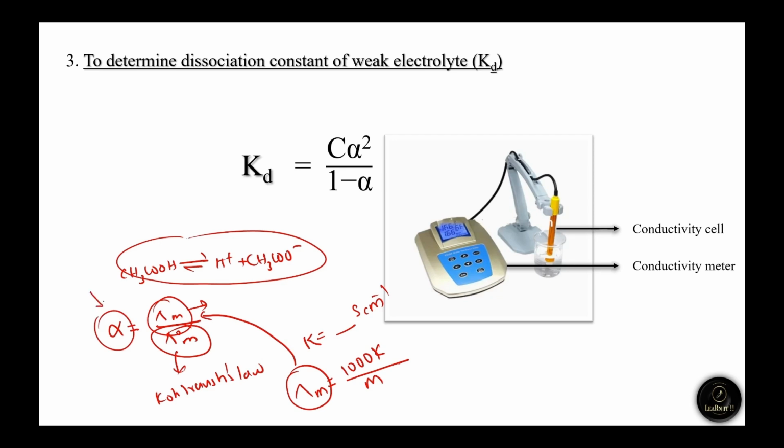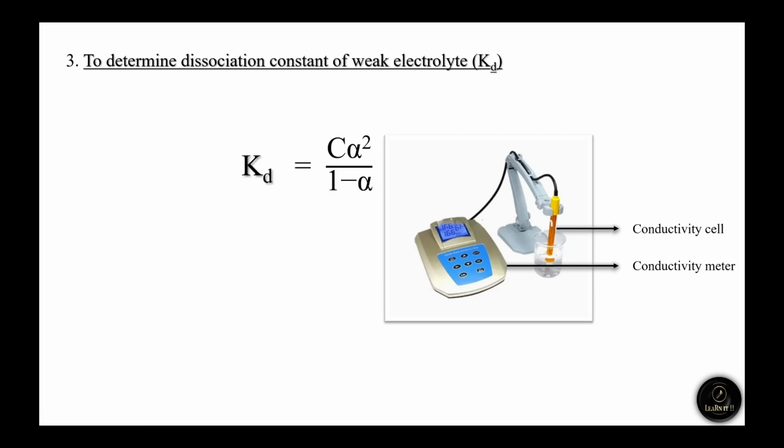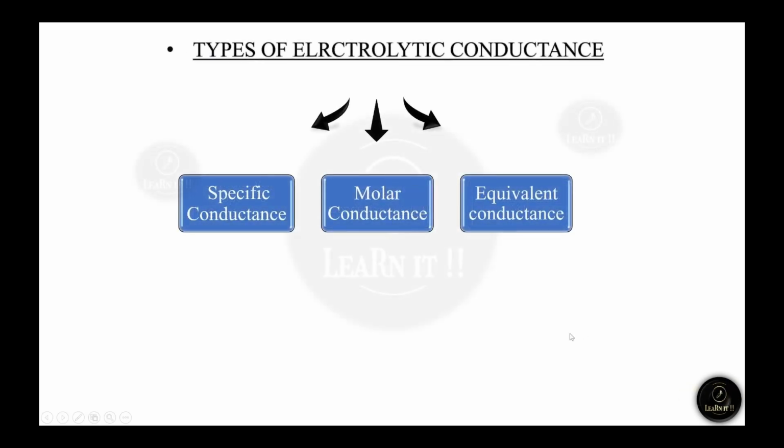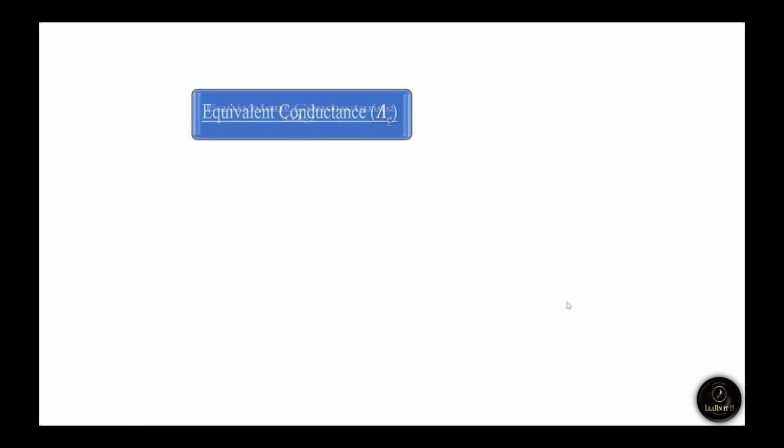So if we take this alpha and put it in this, then we get the Kd. So this completes molar conductance. So let's look at the last part of our electrolytic conductance, that is equivalent conductance.